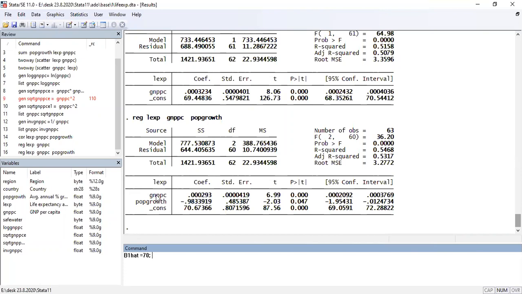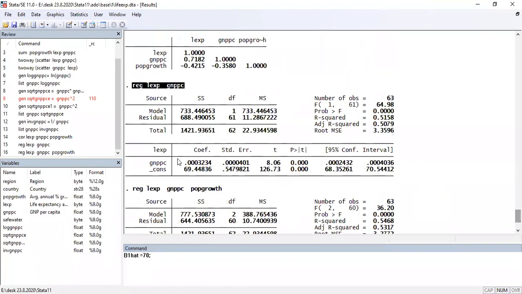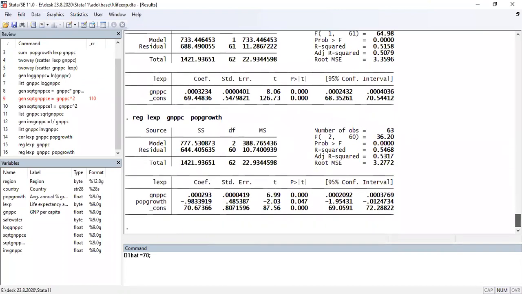This one is the first independent variable, this is the second independent variable, and the last one is the constant, beta 1 hat. You successfully explained this earlier, so how can you be confused? Here it's 69.48. Interpret this.